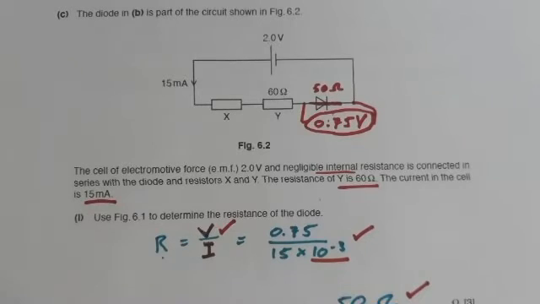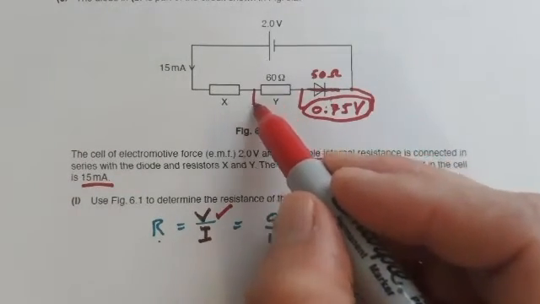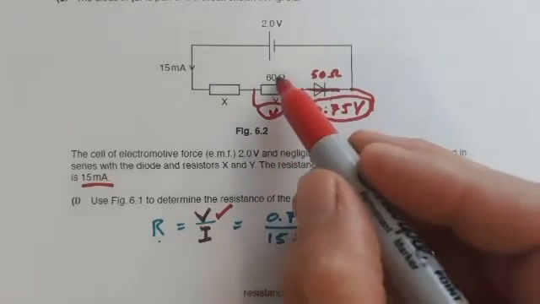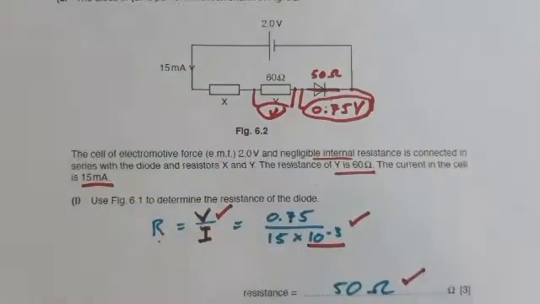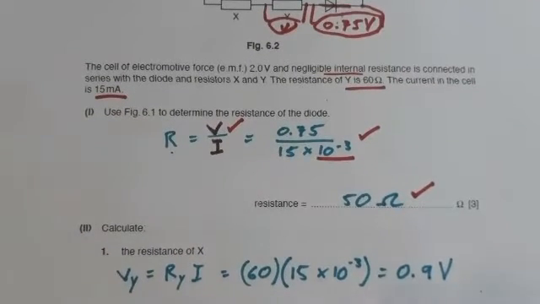Can we get the potential difference over Y? Yes, we can, because we've got the resistance and we've got the current, and with that we can get the potential difference over Y.